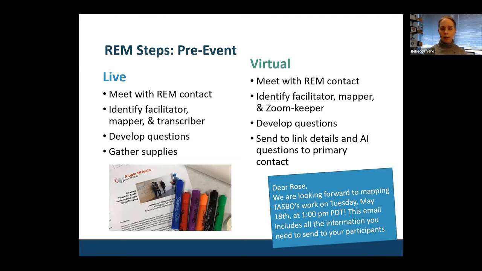In person, it's often useful to have a transcriber who's writing down really good quotes and catching some of the conversation as they go. In the virtual setting, what we try to do is ask people if they will permit us to record their conversation. And so we have a Zoom keeper. Oftentimes the person doing the digital mapping is also the Zoom keeper.